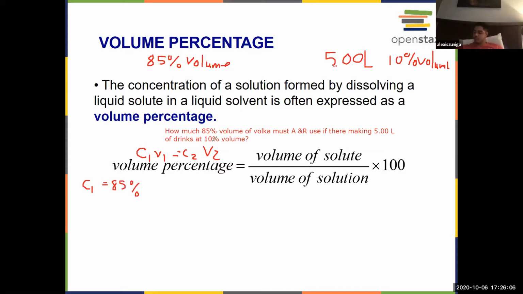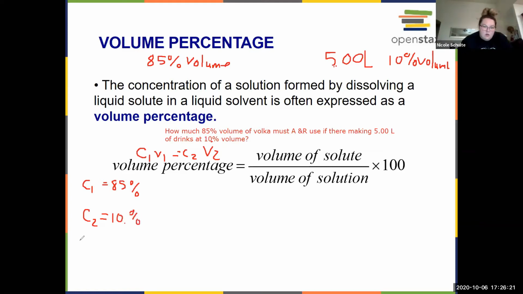And I should put a decimal point here. Our C2? 10%. Our V1?